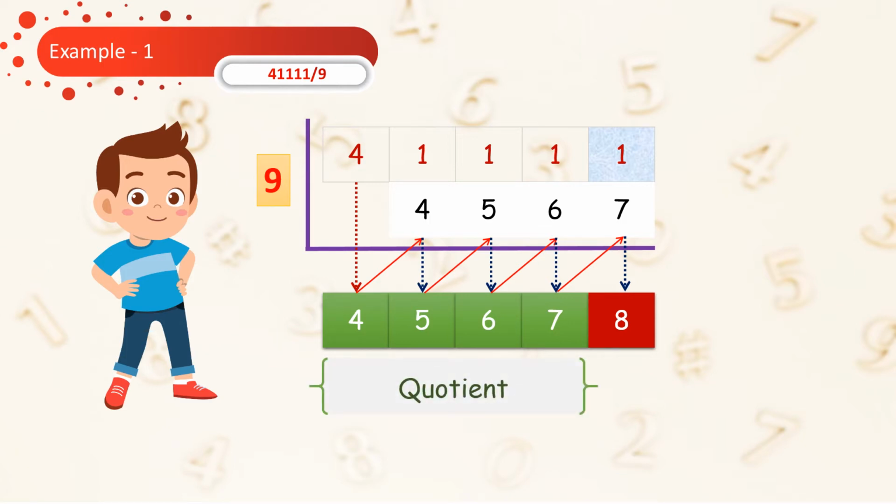The quotient here is 4,567 and the remainder is 8. All you have done is simple set of additions and you are able to divide a number by 9 in a very straightforward way.